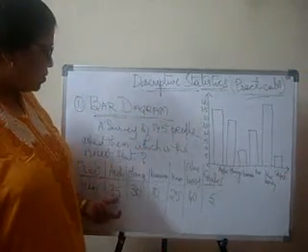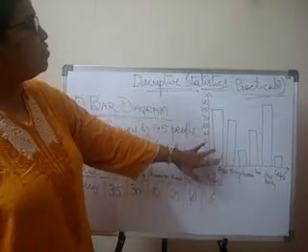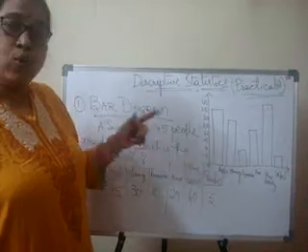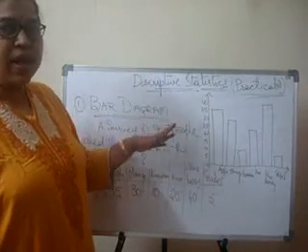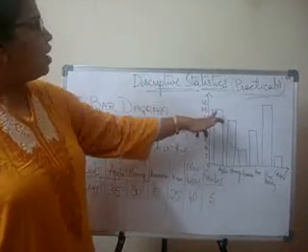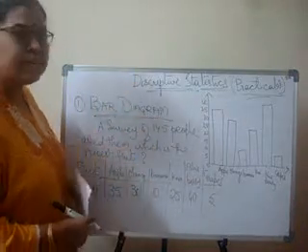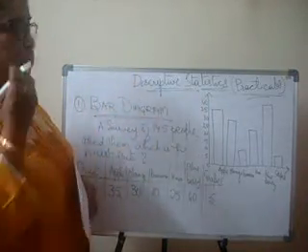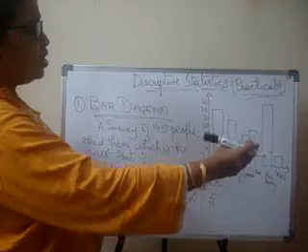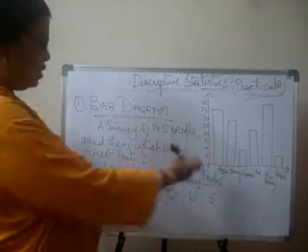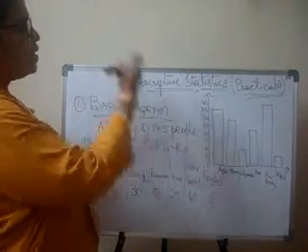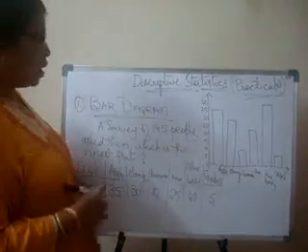What is the frequency? 35. It represents the frequency of people who said that apples are the nicest fruit, that is 35. So we draw a rectangular bar, with x-axis being the name of the fruit and y-axis the frequency.